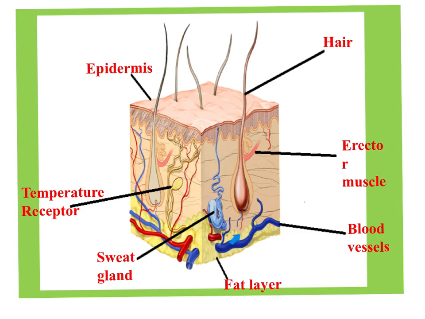We then have blood vessels under the skin, which we can see here. We have a layer of fat, which will help keep us warm. We also have a sweat gland. On the sweat gland we can label the sweat duct, which is essentially the tube that carries the sweat from the gland to the surface of the skin, and we can label here the sweat pore.